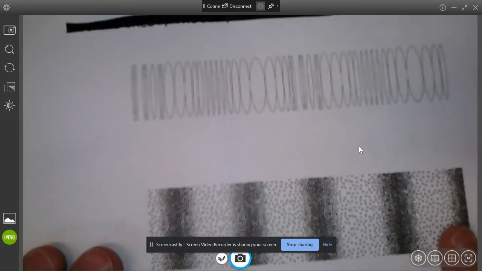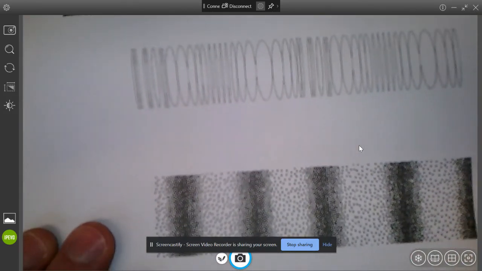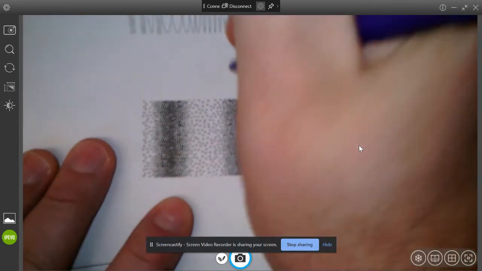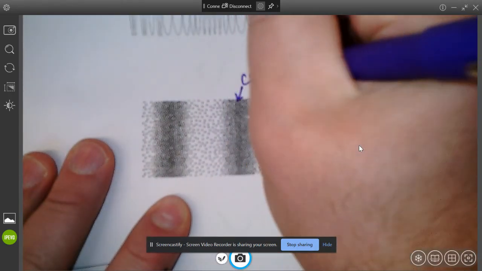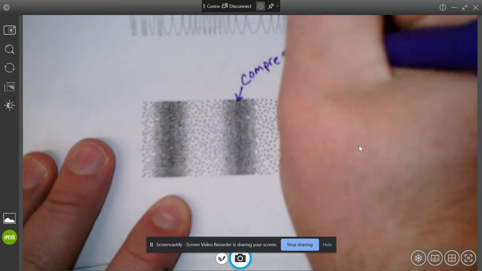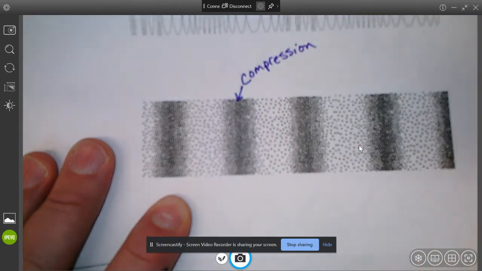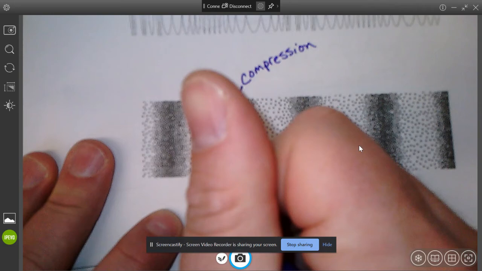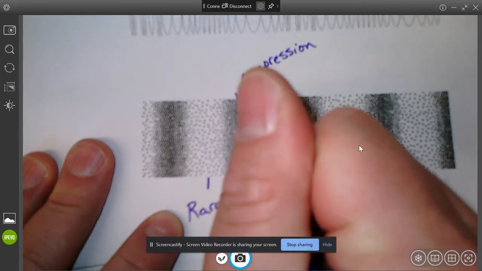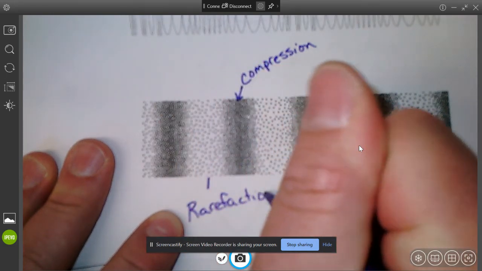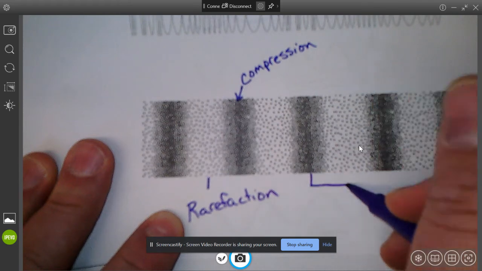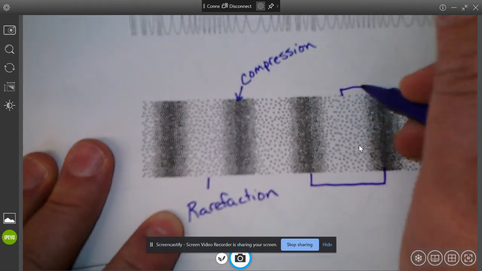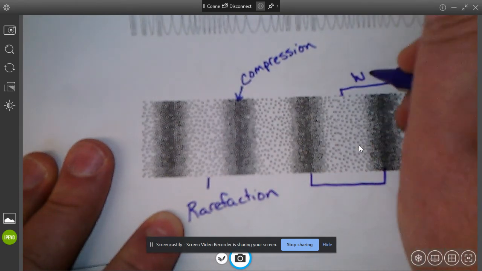On the other sheet, we're just going to label the bottom here. We're going to label this as a compression. We're going to label this as a rarefaction. And then we're going to label one compression to the next or one rarefaction to the next as a wavelength.